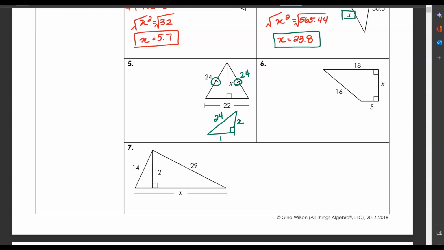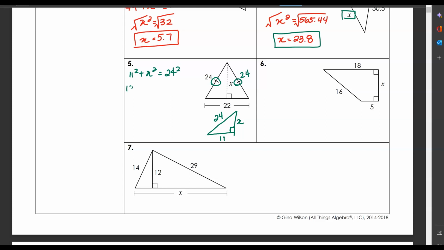So instead of 22, that's going to be 11. Now we can use the Pythagorean theorem to continue. So I have a leg at 11. I have a leg at x squared, and then that's going to equal 24 squared, which is my hypotenuse.